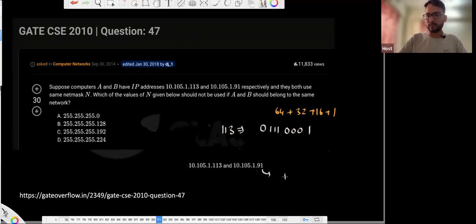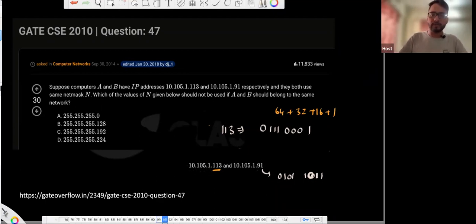Okay, so this is 1011011, right? Okay, no, we don't need 105. So basically this is the representation for 113 and this is the representation for 91. So just see how many bits are common. I mean, these all are common.